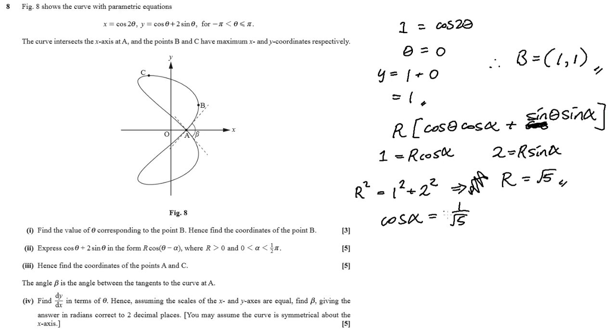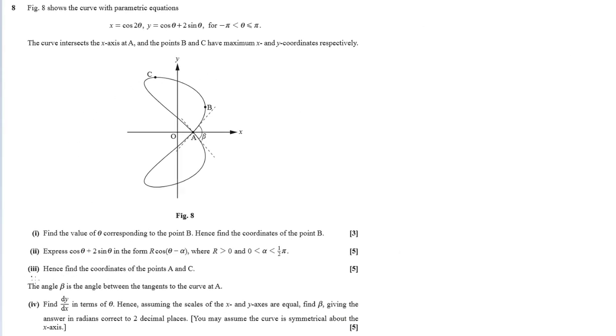There will be a few different values, and for sine alpha we've got 2 on root 5, and using these two together, the only value that works is supposed to be in the order of 60 something degrees, which is also 1.107 radians. And so alpha is 1.107, which finishes part 2 of this question.